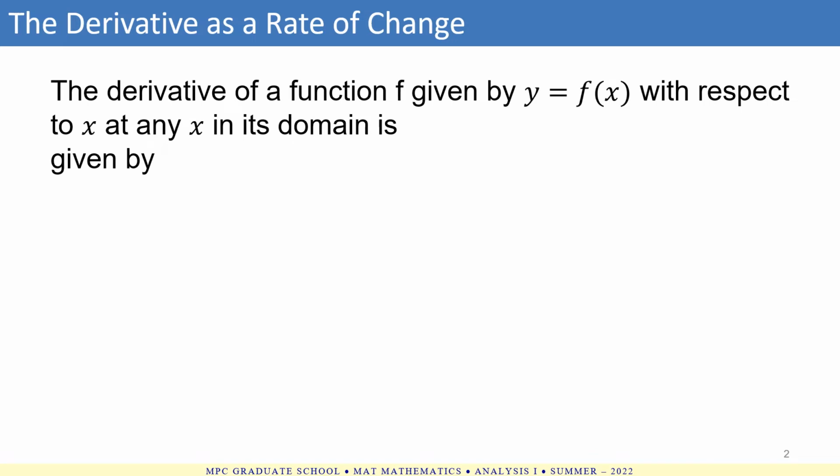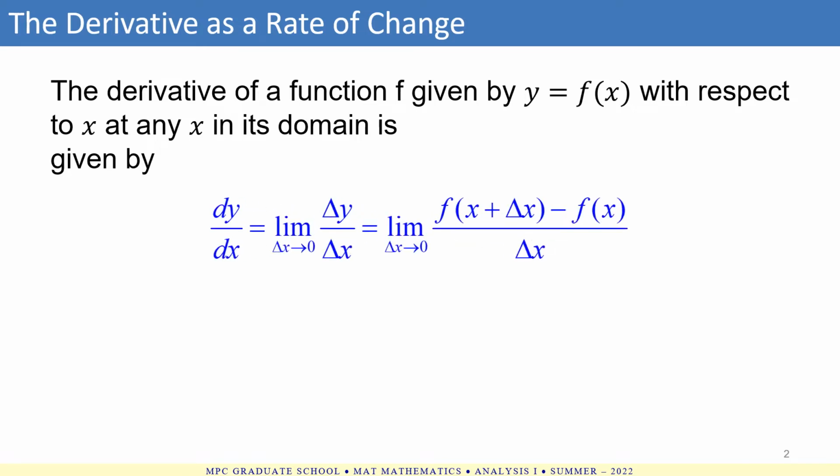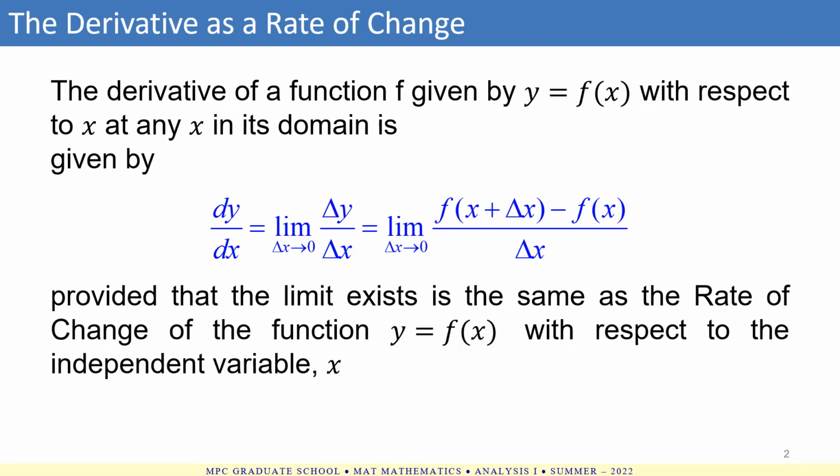The derivative of a function f given by y equals f of x with respect to x at any x in its domain is given by dy over dx equals the limit of delta y over delta x as delta x approaches 0, equals the limit of f of x plus delta x minus f of x over delta x as delta x approaches 0, provided that the limit exists.